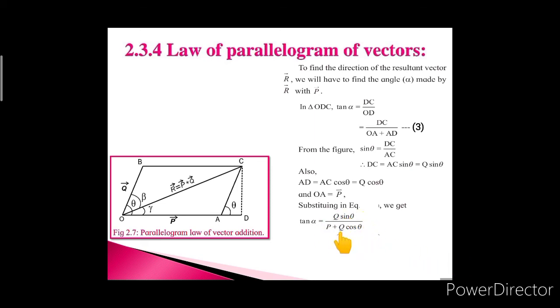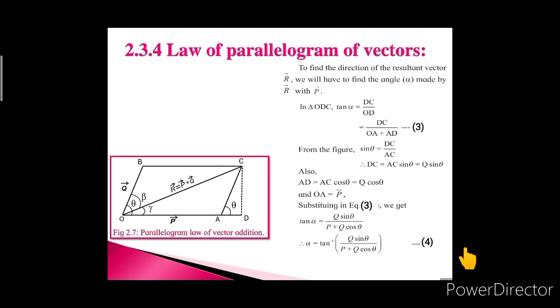We have to determine the value of alpha only, which gives the direction of the resultant vector R. Hence, to get the value of alpha, we have to take the tan inverse, and hence we write alpha as tan inverse of Q sin theta upon P plus Q cos theta. Give it equation number 4. So this equation number 4 gives the direction of the resultant vector R.